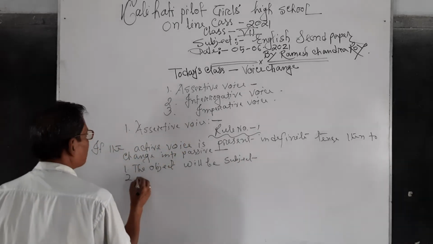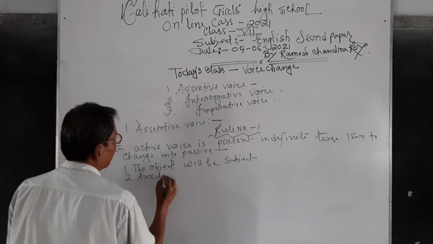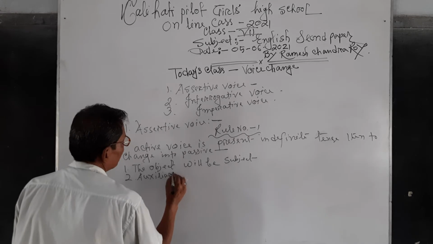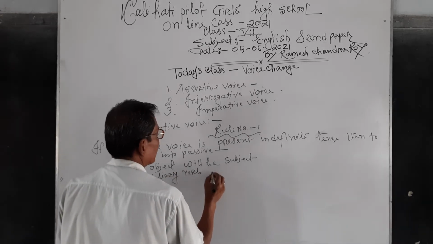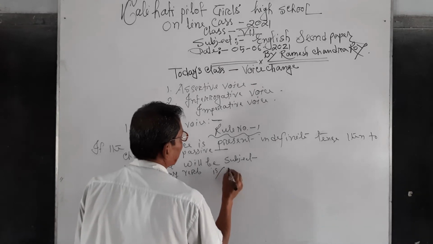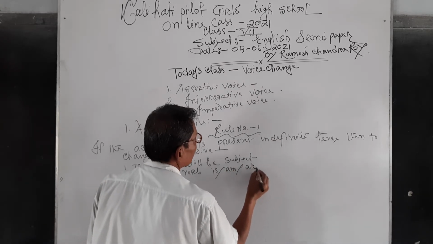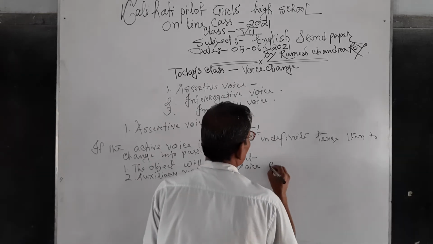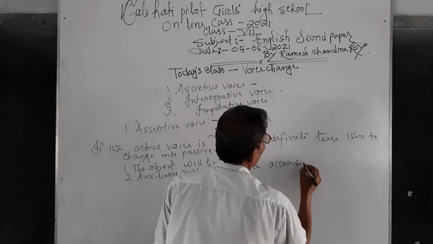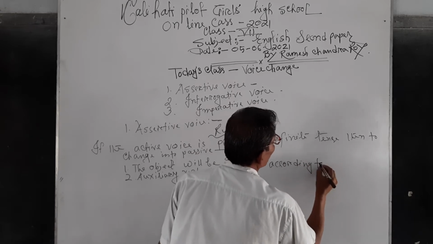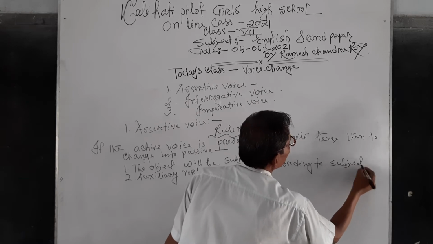Number 2, the auxiliary verb is, am, or are, according to the subject.